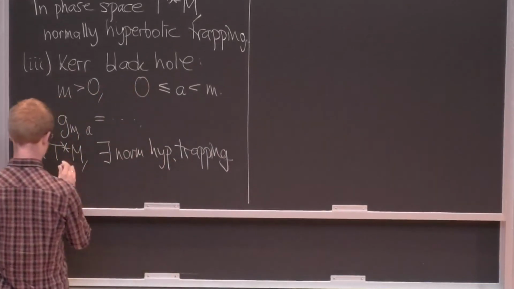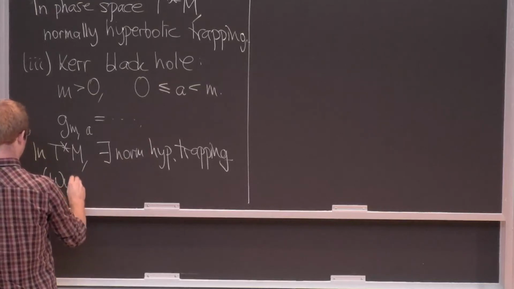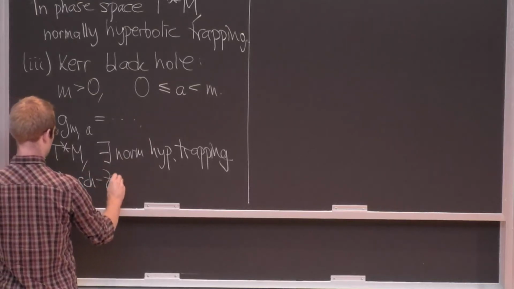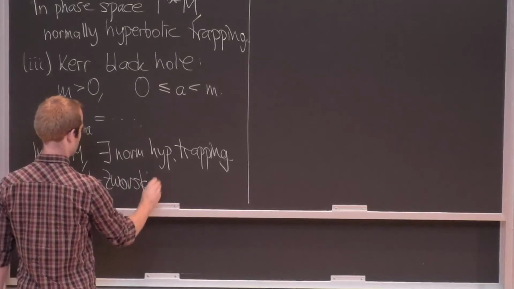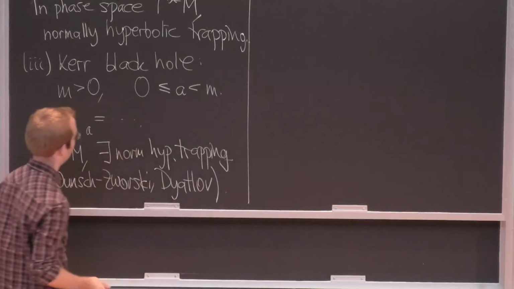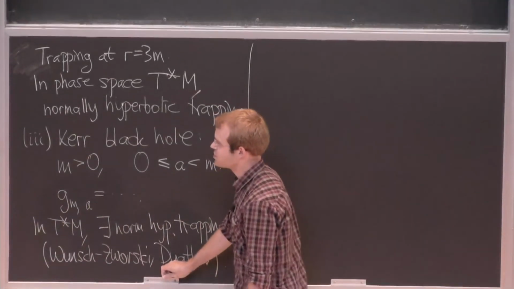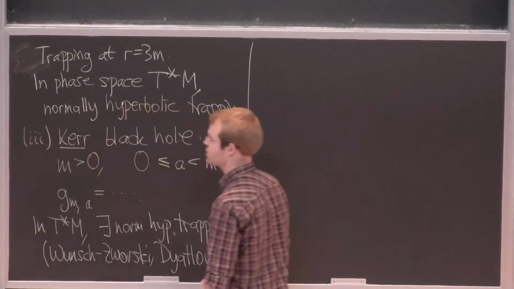And so it's something even better than that. And so the reference is a paper by Wunsch and Zworski, and then in the full sub-extremal range by Dyatlov. OK, so, but again, the structure is very similar to the Schwarzschild situation.